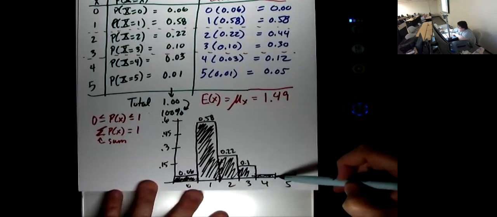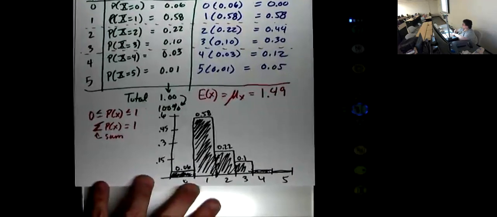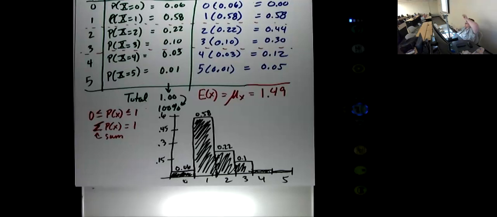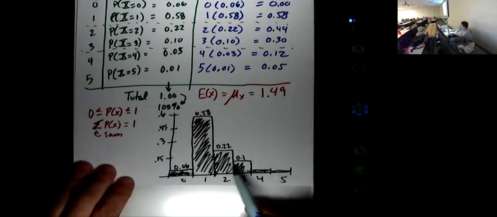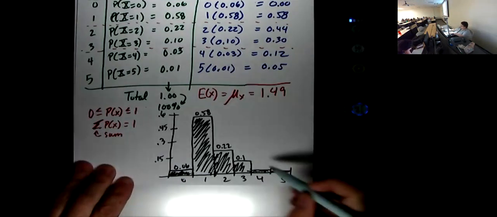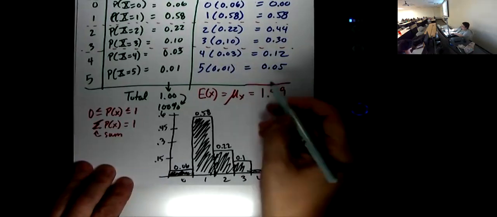What kind of graph is that? Bell shape? No. Left. Right. Who thinks it's bell shaped? Who thinks it's skewed left? Raise your hand proud. Who thinks it's skewed right? The skew is where the longest tail is. The longer tail is on the right. This is definitely skewed right.